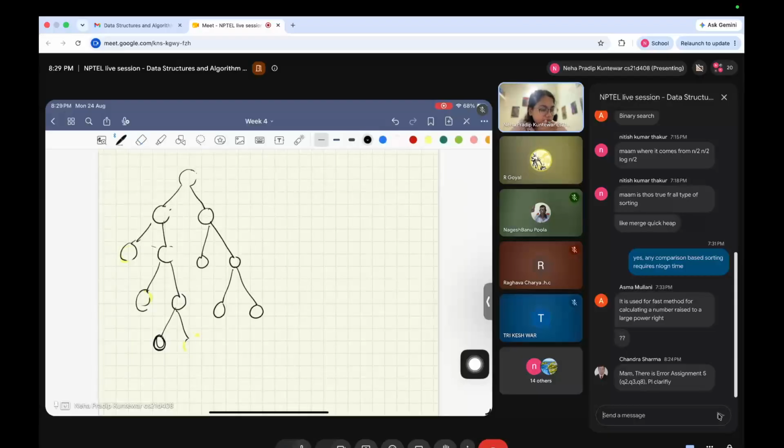Now if we do the proper numbering of these nodes, with the root starting as 1, 1, 2, 3, then 4, 5, 6, 7, and then 8, 9, 10, 11, 12, and 13.